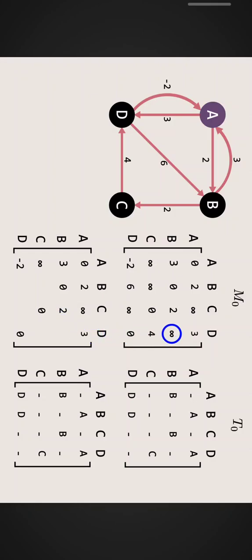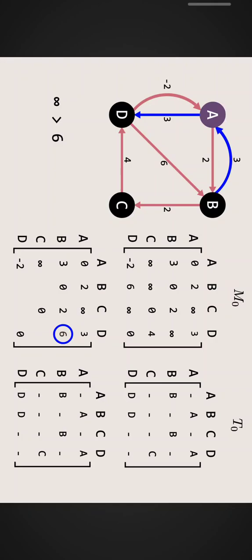The current shortest cost to reach D from B is infinity, meaning there's no direct path. We'll check if a shorter path exists via node A. First, the path from B to A has a cost of 3, and the path from A to D has a cost of 3. Adding these, the total cost becomes 6, which is less than the current shortest path of infinity.